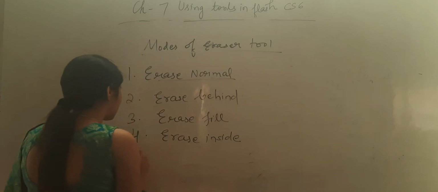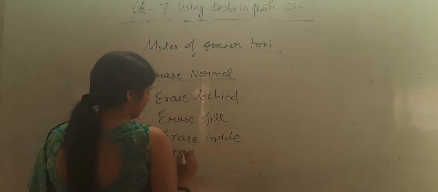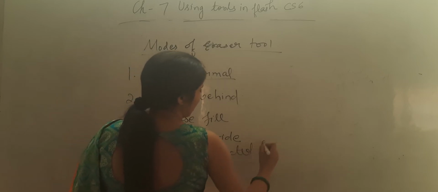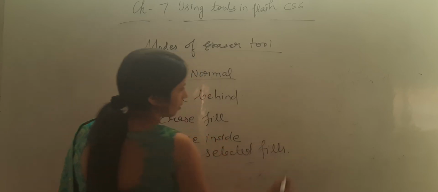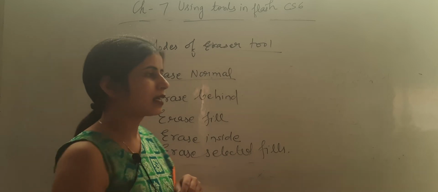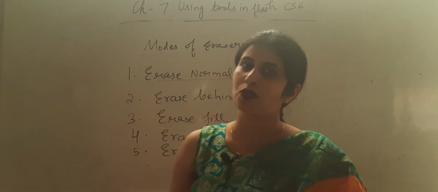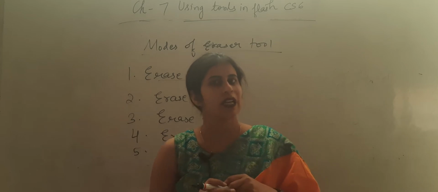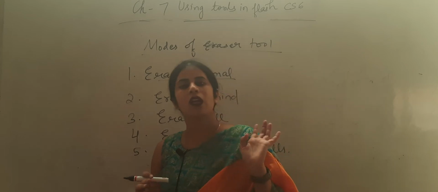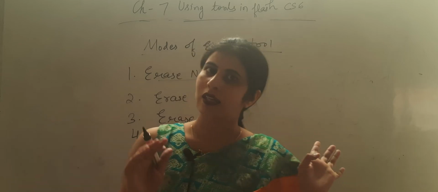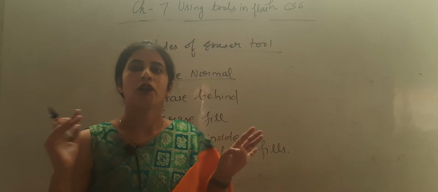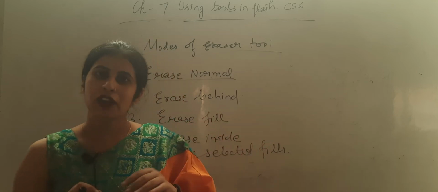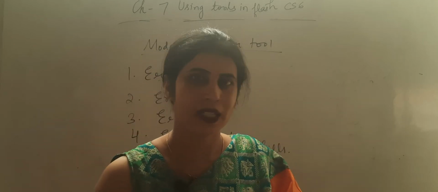The fifth one is erase selected fills. The erase selected fill mode is used to erase the area that we had selected, the stroke that we had selected. It will erase the selected area of stroke as well as the fill area. So these are the 5 modes of the eraser tool.